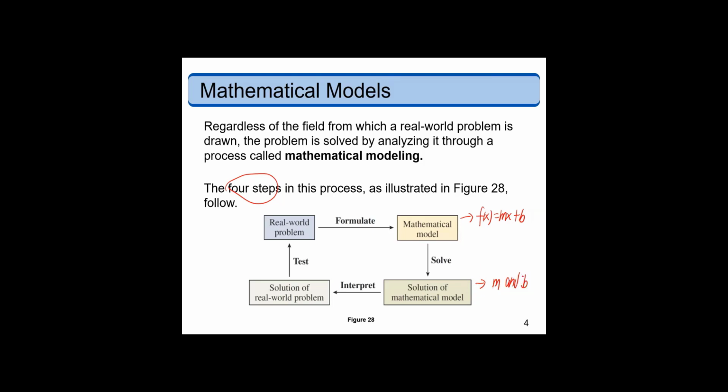And once we know both of them, we have a linear model, and we use it to interpret real problems. We also do some tests, make sure we satisfy all of the requirements. So that's the process of creating the mathematical models using linear function.